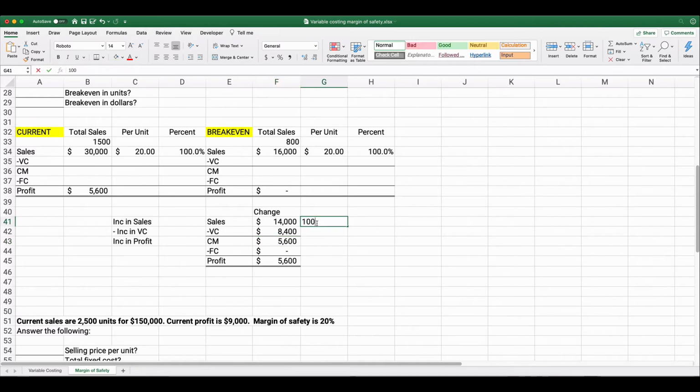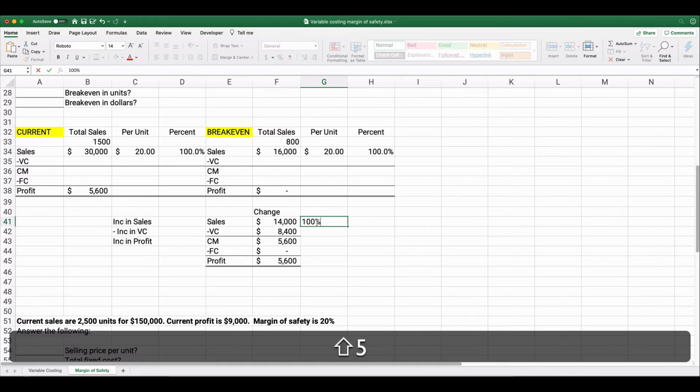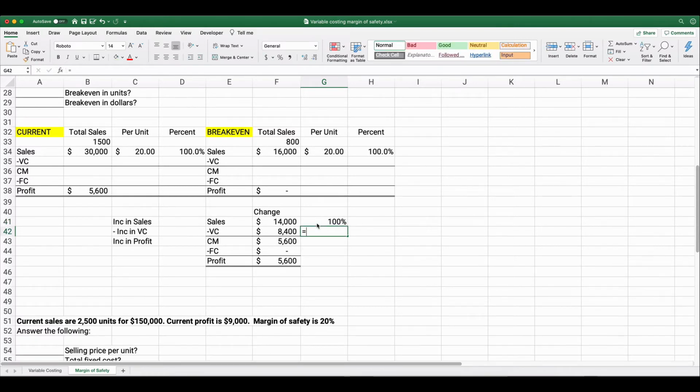So we make this 100%. Then what is 8,400 divided by the 14,000? Well, it looks like it's 60%. Let's do the percentage all the way down. So if we have 5,600 divided by the change of 14,000, then what we have is 40%.